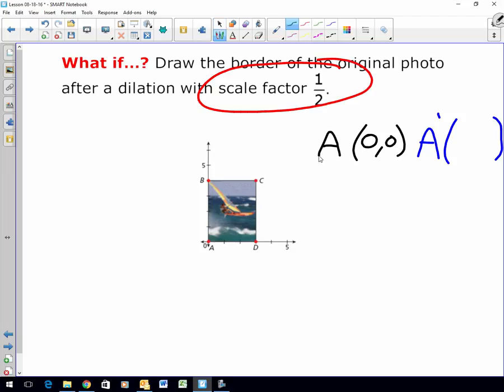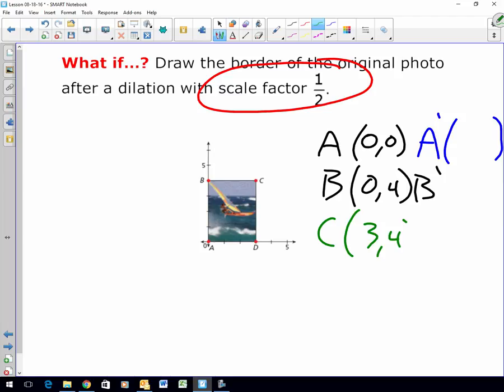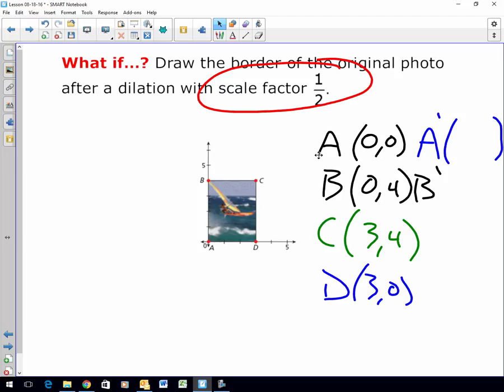B is at 0, 4. Now give me B prime. C is at 1, 2, 3, 4, and D is at 3, 0. Y'all take 30 seconds. Do that for me right now.